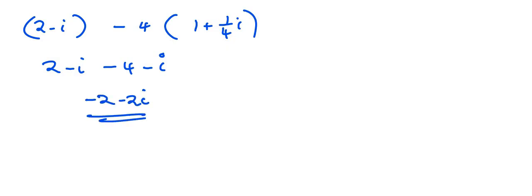You're okay with this part, right? We multiplied the 4 times the 1, that's the 4 there. The 4 times 1 over 4, so 4 and 4 cancelled to give us negative i. That's what we got there. Is this part okay?